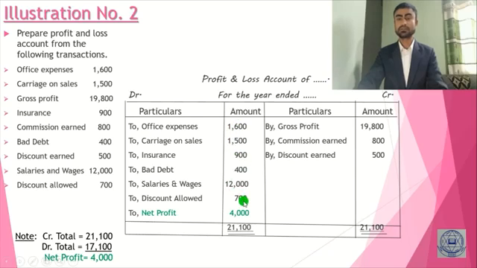The difference between these two totals is 4,000. So the credit total is higher by 4,000, so we write 4,000 on the debit side. Now let's total it. It's 21,100, so debit equals credit. Okay, so this is the solution of the second question.